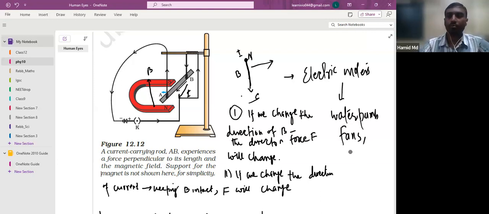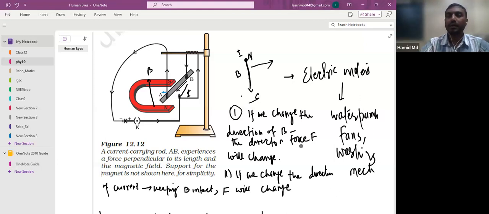Can you name some few devices? I guess washing machine, their motor as well, no? Washing machine, wow. And car wheel.